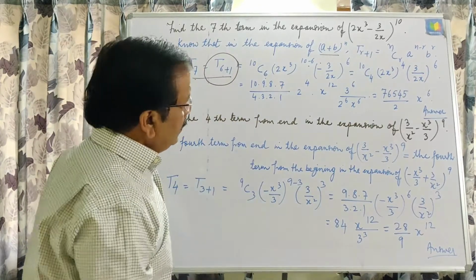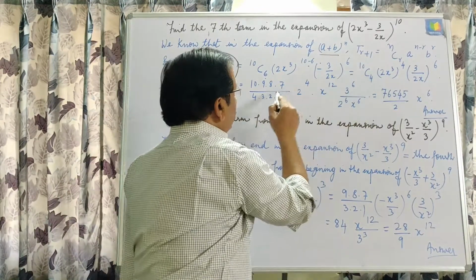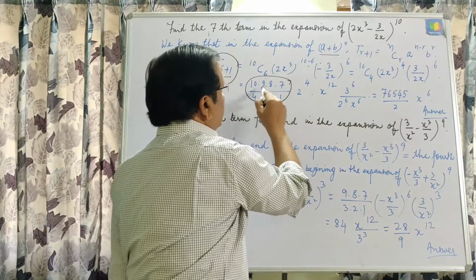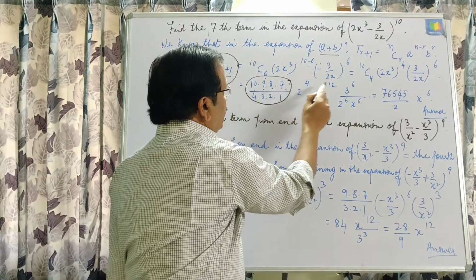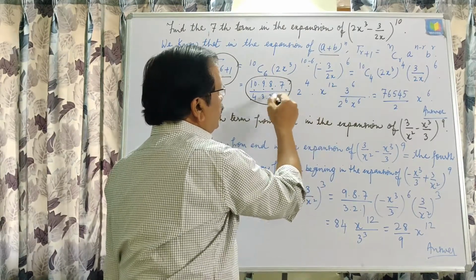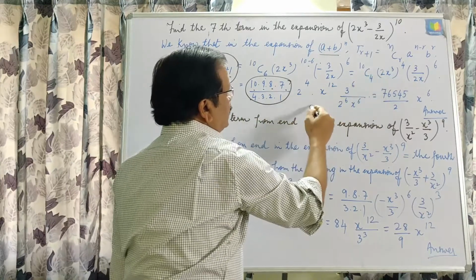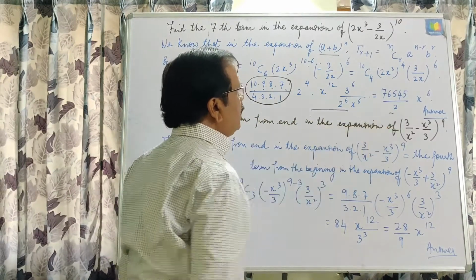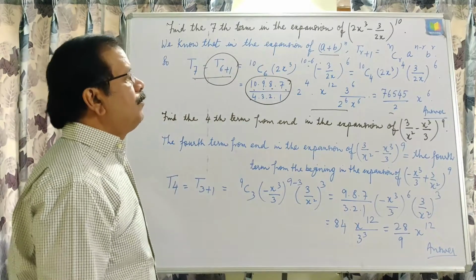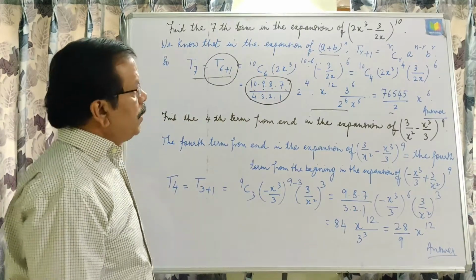And then this 10C4 can be written in decreasing order as 10 9 8 7 upon 4 3 2 1, and this way after simplifying we are getting this value, 76545 upon 2 x to the power 6.